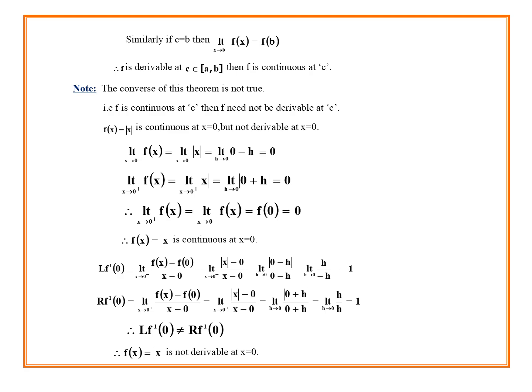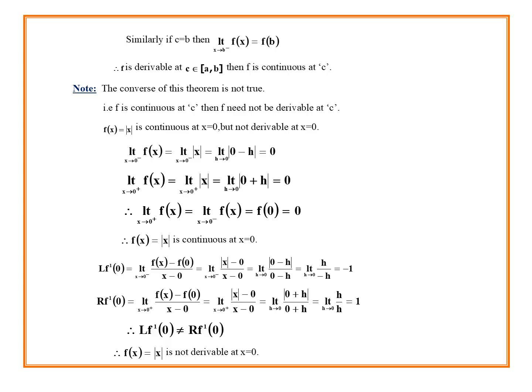We are getting 0. Therefore, limit x tends to 0 plus f of x is equal to limit x tends to 0 minus f of x, that is equal to f of 0. f of 0 means mod 0, which is nothing but 0. Therefore, f of x is equal to mod x is continuous at x is equal to 0.